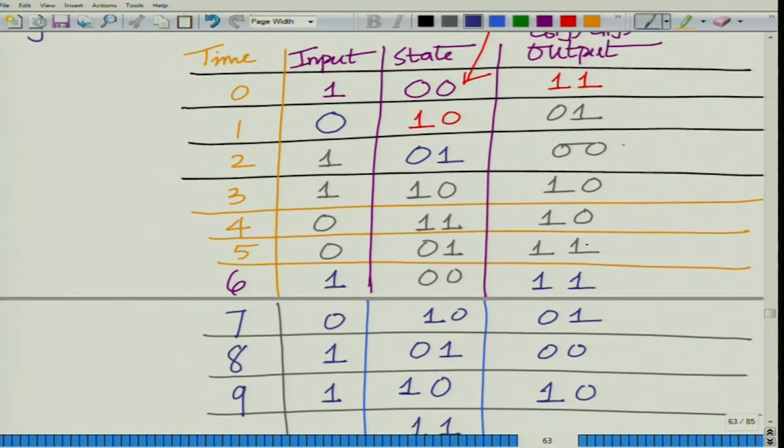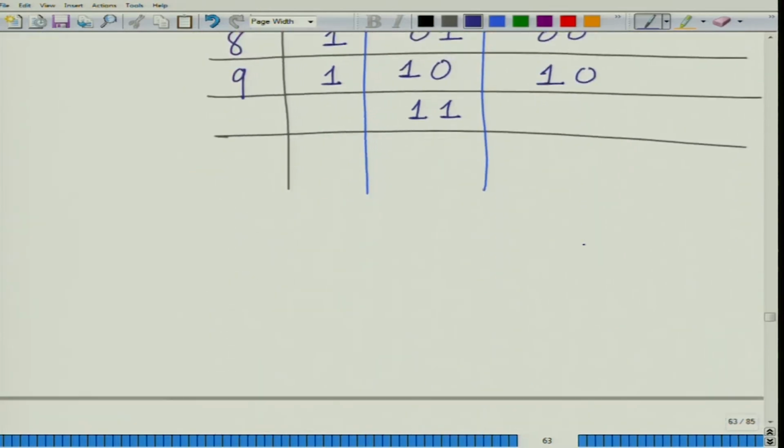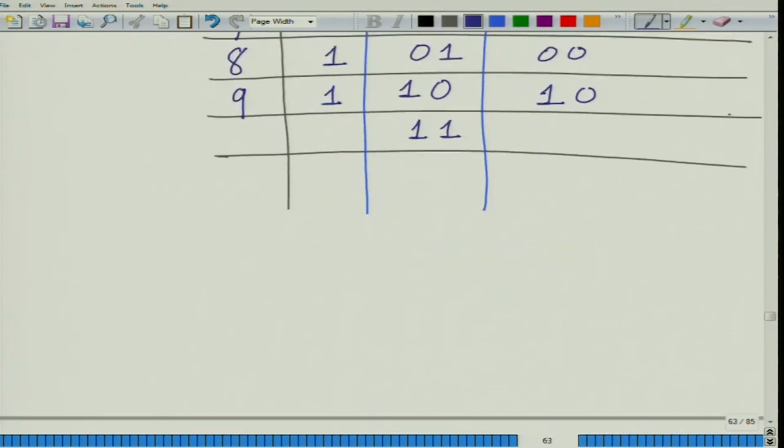Now let me quickly check that I have not made any mistakes. You can again check it to verify. You can see this column corresponds to C0 and this column corresponds to C1. So let us write down C0 and C1.